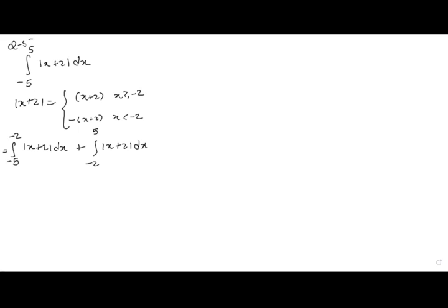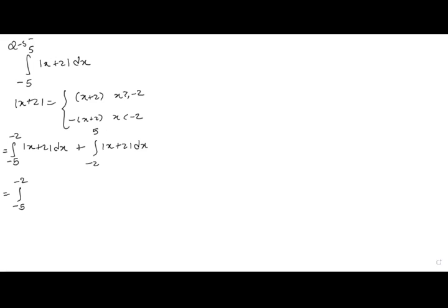As you can see that from minus 5 to minus 2, mod x plus 2 is negative as the range is less than minus 2. Minus 5 to minus 2 is less than minus 2.